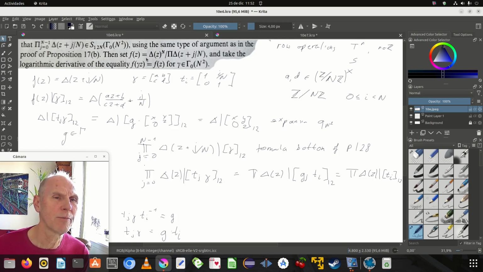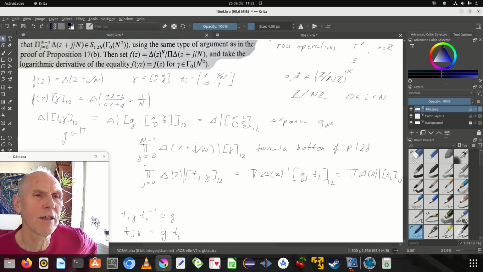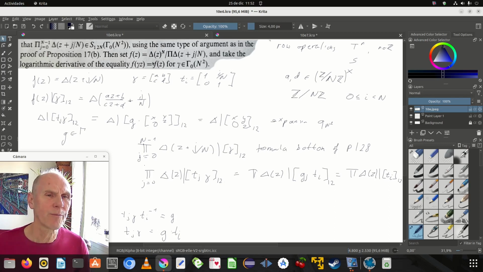So the one divided with the other is a modular function of order naught, just a modular function of gamma naught n. That means this holds.